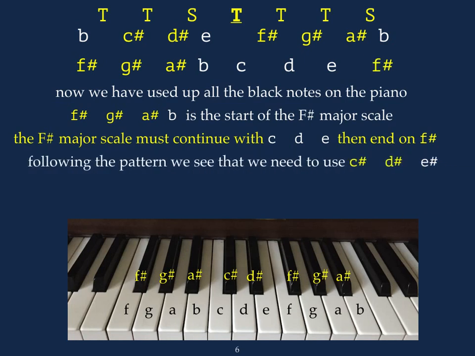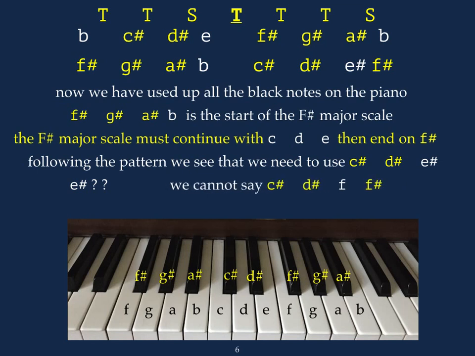Following the pattern, we see that we need to use C sharp, D sharp, and then E sharp. E sharp? But there is no E sharp. The next note after E is F, but we cannot say C sharp, D sharp, F, F sharp.